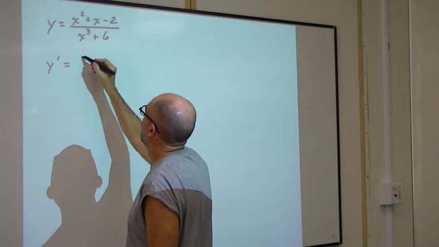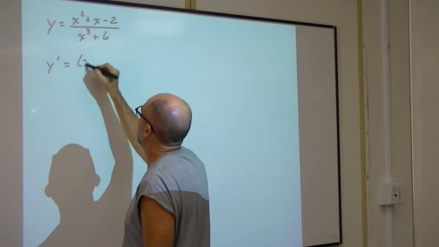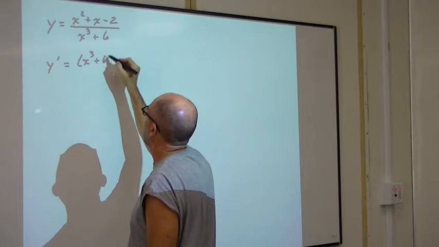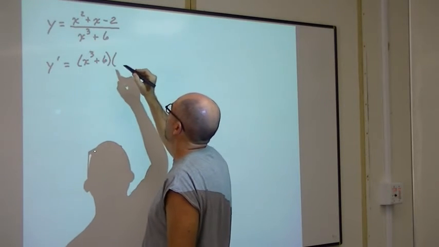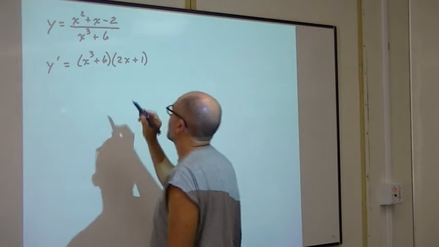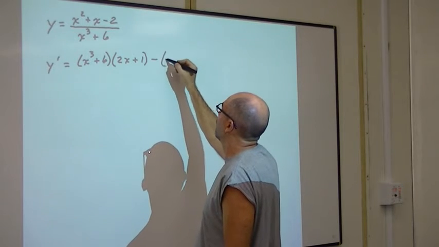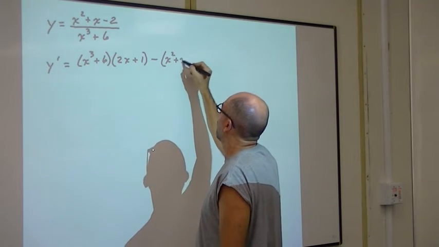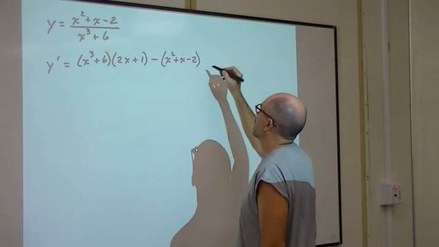So low d high. So I want the derivative of the top, which is 2x plus 1. There's low d high minus high d low, which is 3x squared.